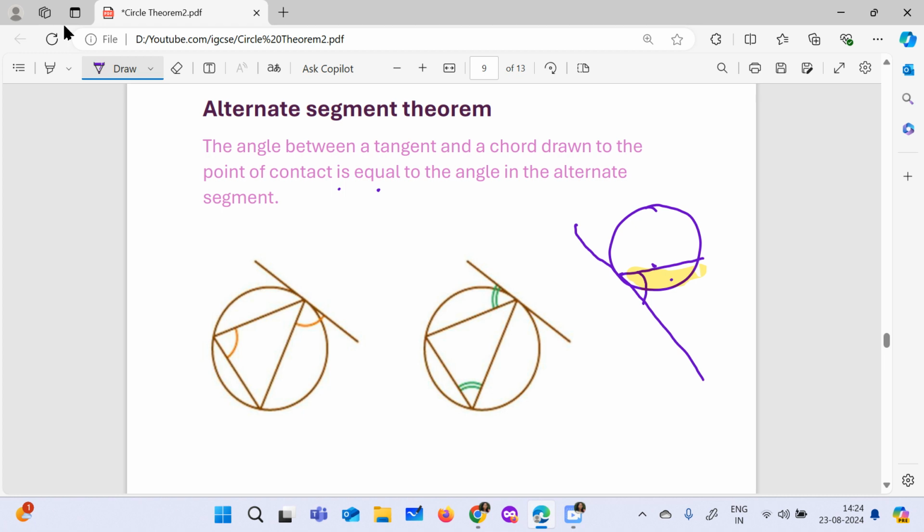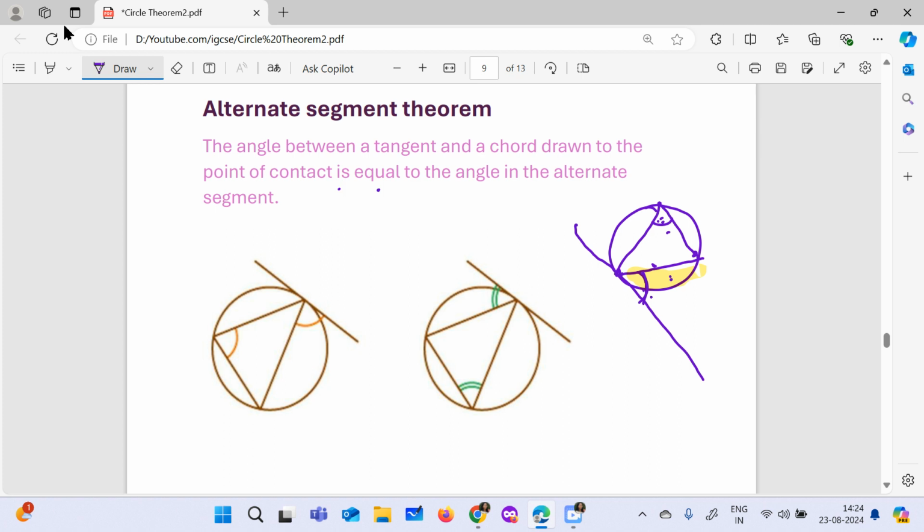If this is one segment, then its alternate segment is here. From this chord, an angle is formed in the alternate segment, and this angle will be equal to this angle. Is this clear to you?